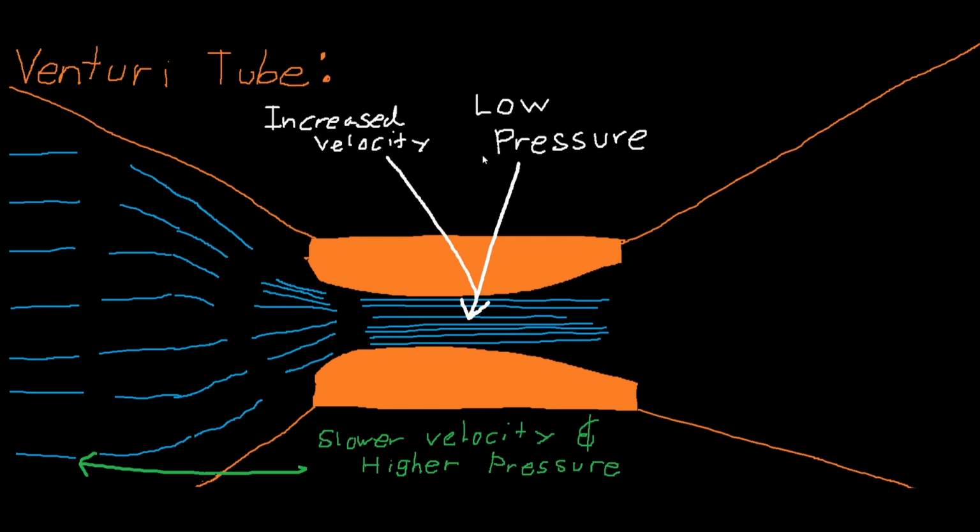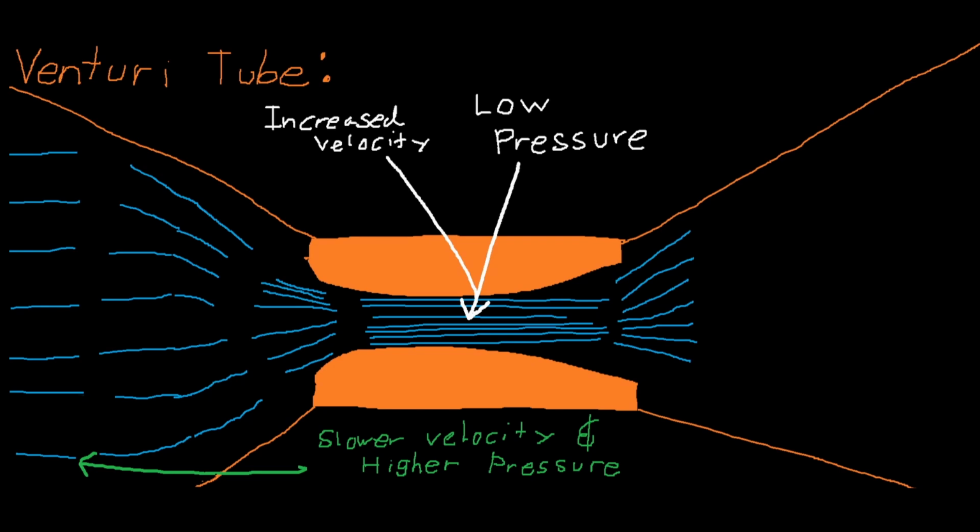As that velocity increases, because of Bernoulli's principle, as the velocity of a fluid increases, the pressure decreases, it's going to result in a lower pressure state within this Venturi tube right here. So this area has low pressure compared to the entry air that has a higher pressure, and that's all because of Bernoulli's principle.